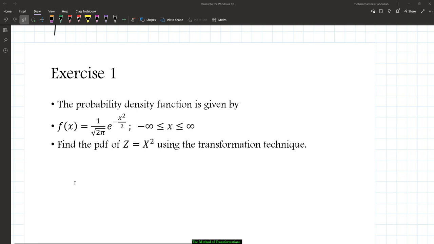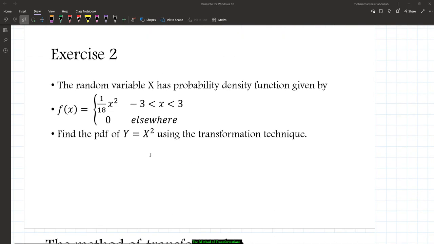You can do it by yourself. Okay. Example number 1. This is example number 2.